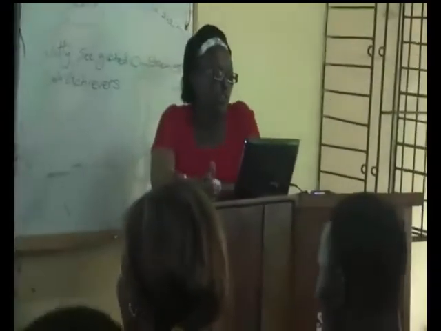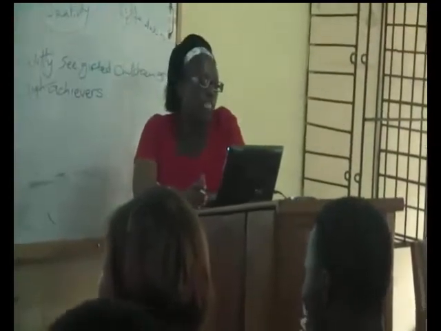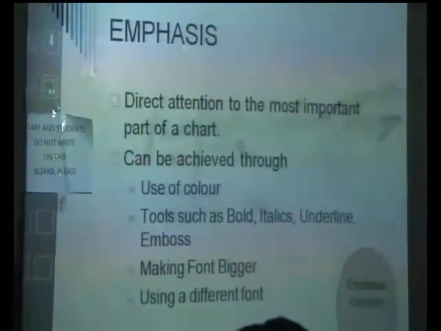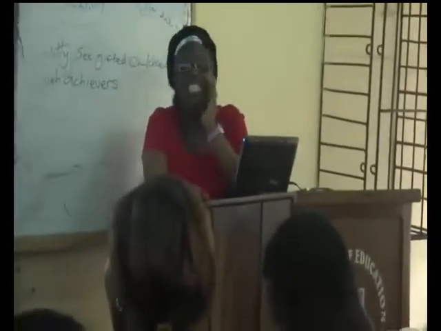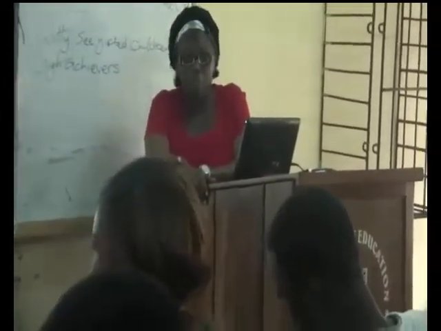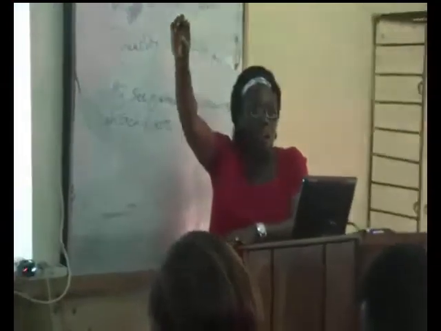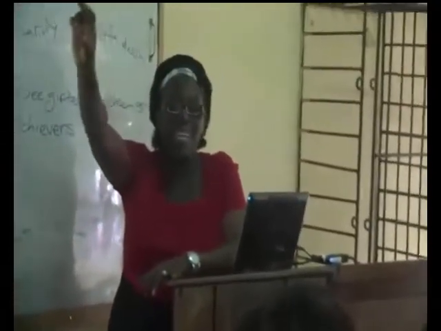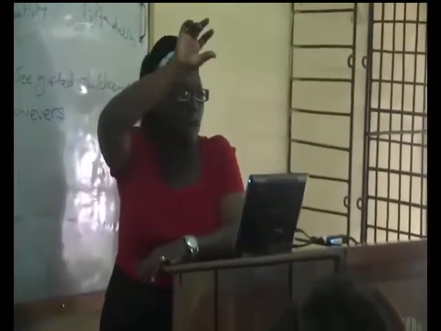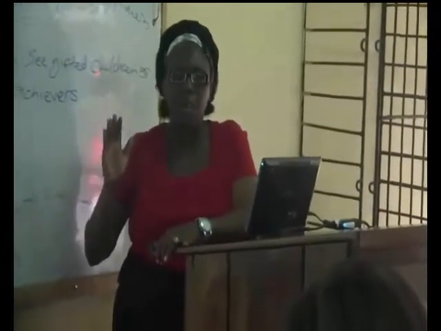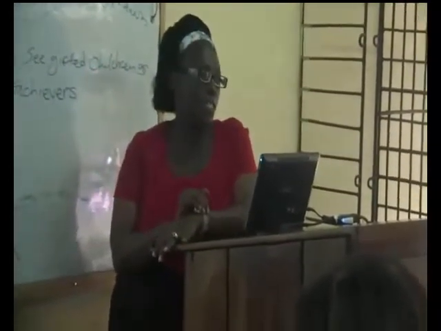So what you do is direct attention to the most important part of the chart. If you are talking about unicellular organisms in biology, by the time you see unicellular organisms, it must be bold and very clear, so that everybody who moves near that chart will know that this chart is talking about unicellular organisms.